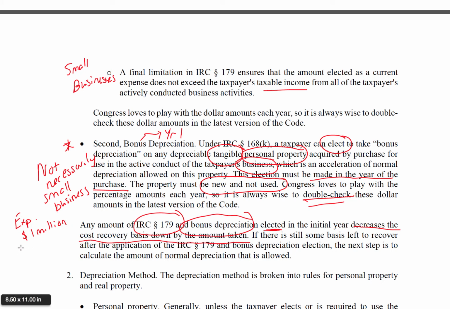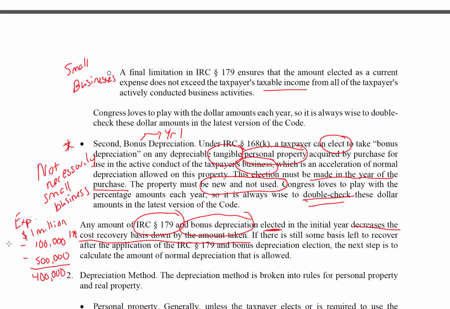Let's say that based on the year, you can take $100,000 of Section 179, you do that first, and then you take another, let's say $500,000, because let's say it's a 50% limit bonus depreciation amount. So if we subtract that away, it's $1 million minus the sum of $600,000, there's $400,000 left.